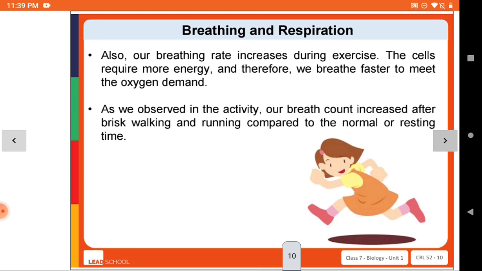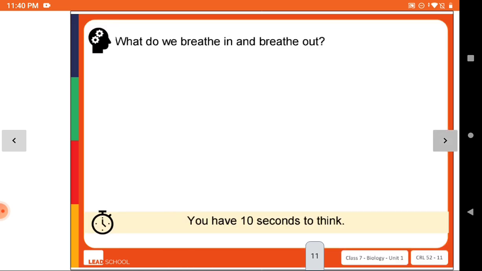For example, our breathing rate increases during exercise because the cells require more energy, so we breathe faster to meet the oxygen demand. As we observed in the activity, the breathing count increased after brisk walking and running compared to normal rest time.